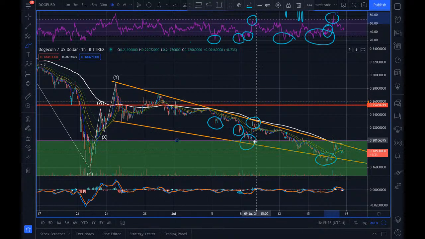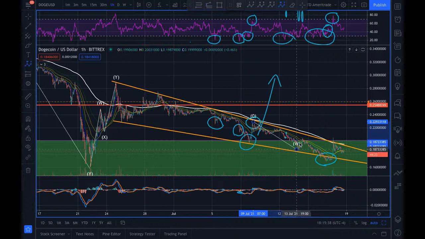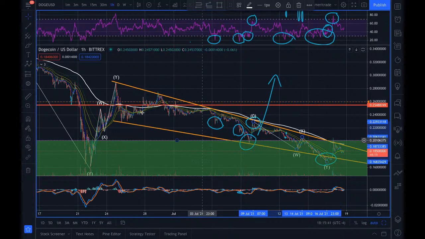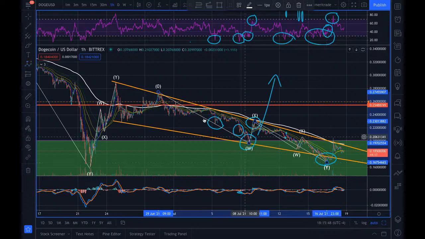So this could have been the potential next leg up, but we went down another 3 legs. 1, 2, 3. So this looked like a big 1, 2, 3 right there.